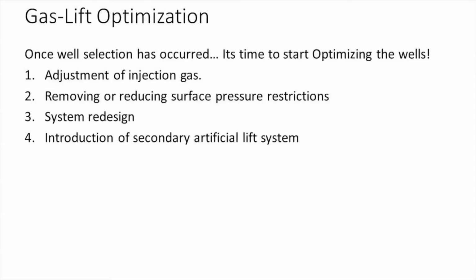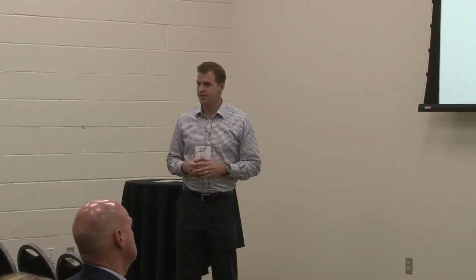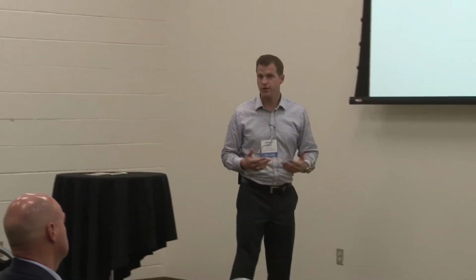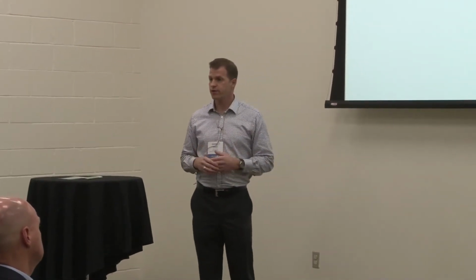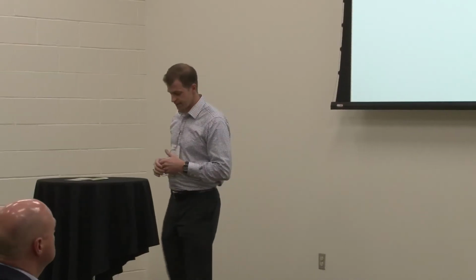We also look at reducing or removing surface restraints. Biggest one is undersized infrastructure. Sometimes poor setup of infrastructure is key in removing those things and basically streamlining the wellhead to the central production battery.